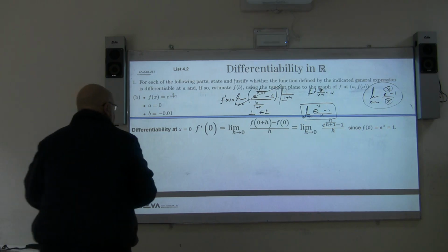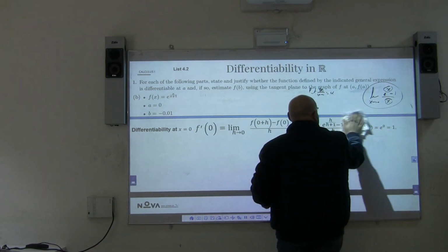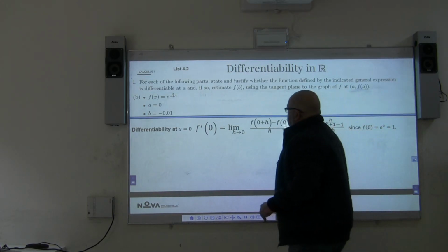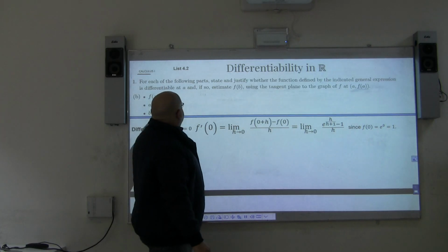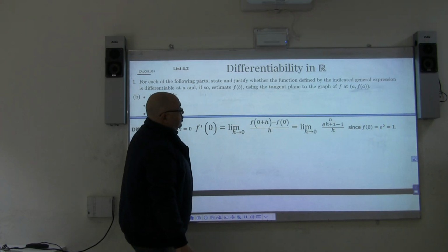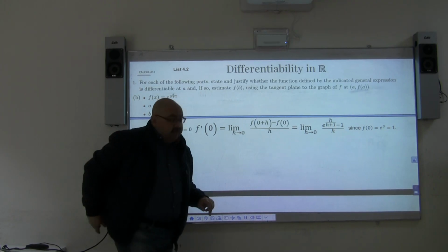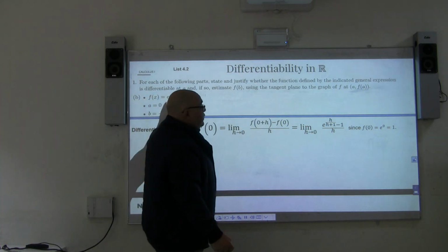So once more, this is the function e to the power of x divided by x plus 1. I will use f of 0 plus h minus the value of the function, divided by h, as you can see. Now I will make the substitution.